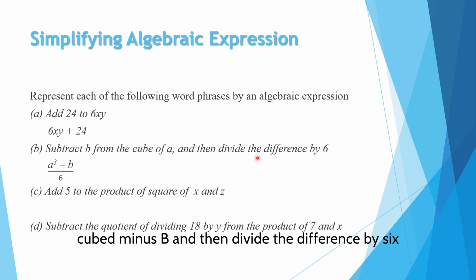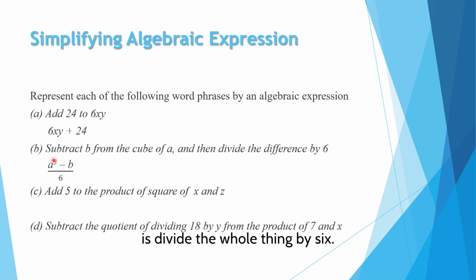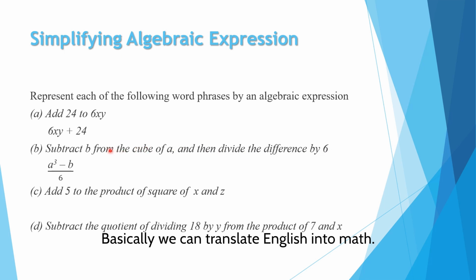And then divide the difference by 6 is divide the whole thing by 6. So in this way is mathematical language. This sentence is English language. Basically, we can translate English into math, and math language is much more simplified in terms of algebra.